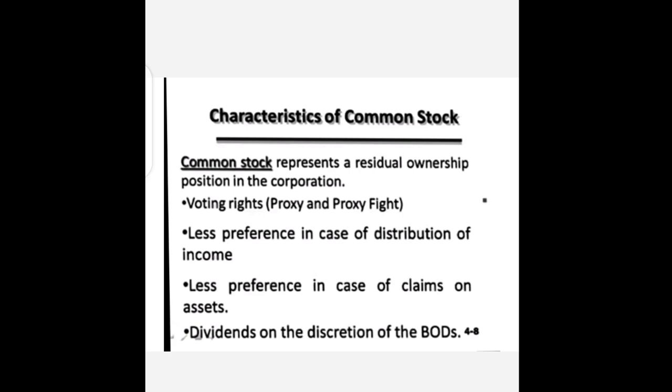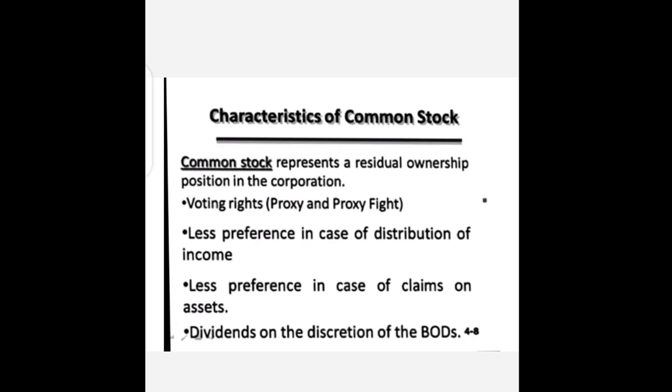Then we have less preference in case of distribution of income. Firstly, the preferred stockholders will be paid, then the common stockholders will be paid. There is also less preference in claims on assets. Firstly, employees have preference, then the customers, then the preferred stockholders, and at the end the common stockholders will be paid.